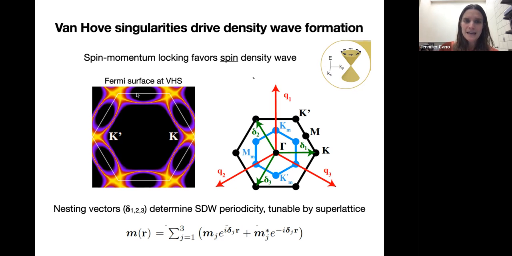Since the K and K prime points are different points in the Brillouin zone, this sort of density wave is going to make a larger unit cell. We've drawn it here. The black hexagon is the original Brillouin zone, and the blue hexagon is the new Brillouin zone that results from having this spin density wave order.